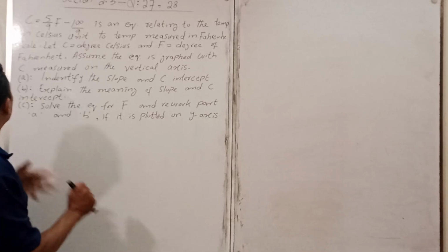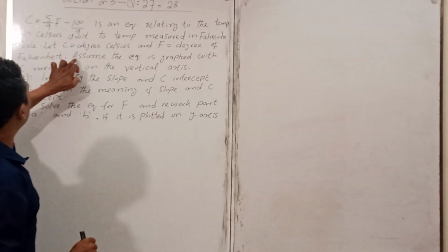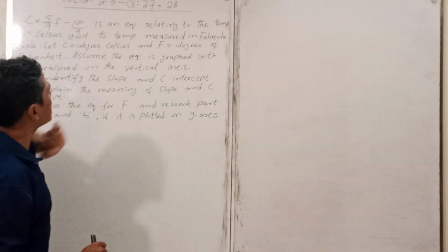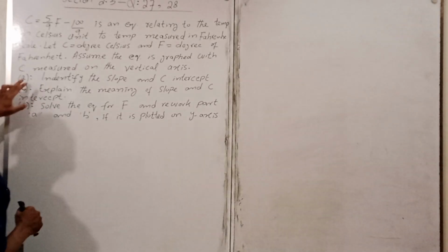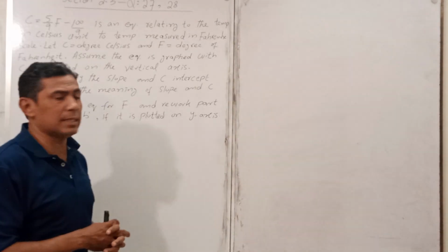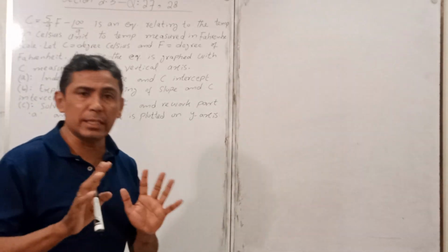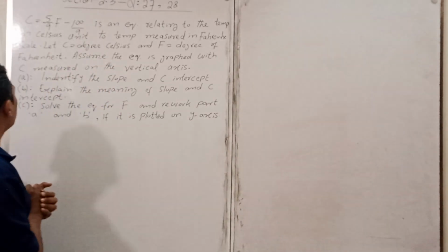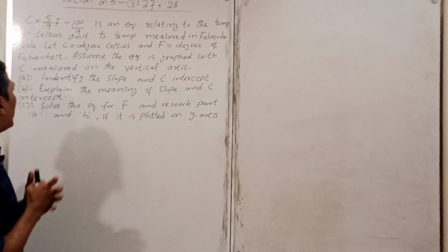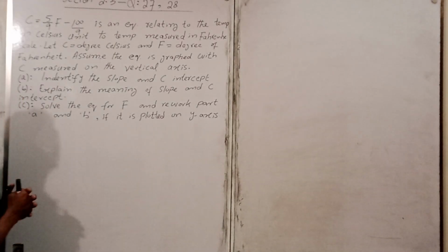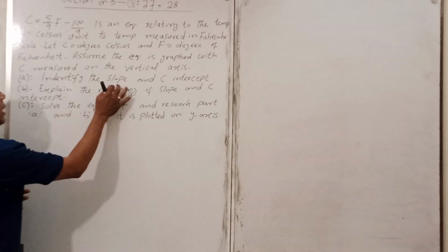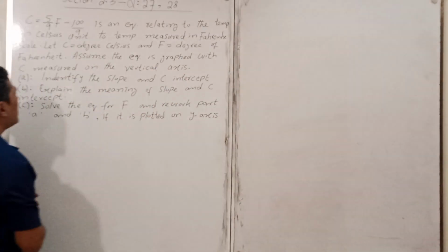Similarly, assume the equation is graphed with C measured on the vertical axis and F measured on the horizontal axis. It is understood. Now, what are our requirements here? Our requirement is to identify the slope and C intercept.